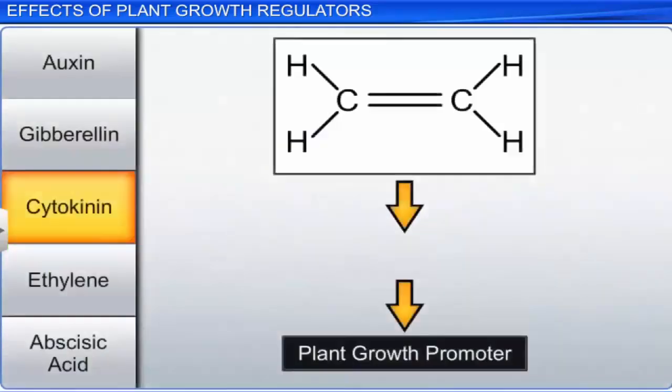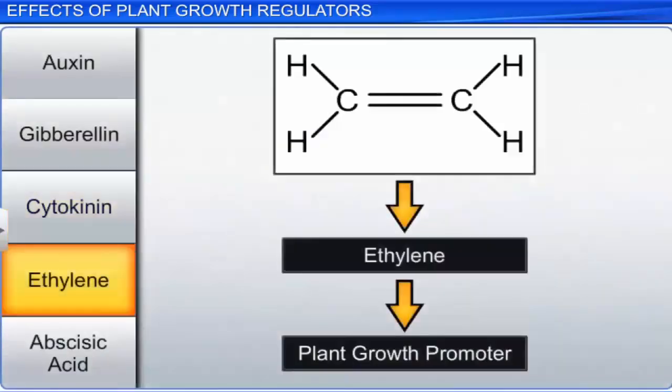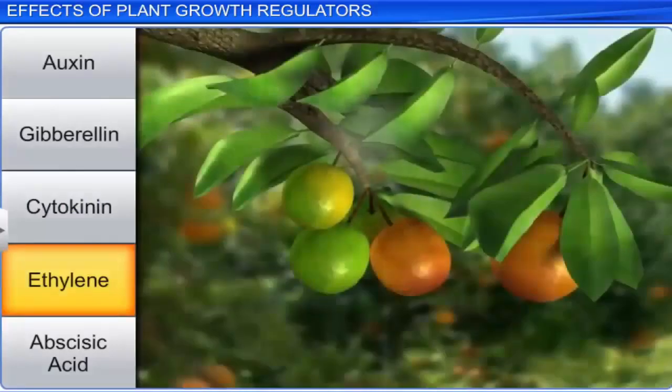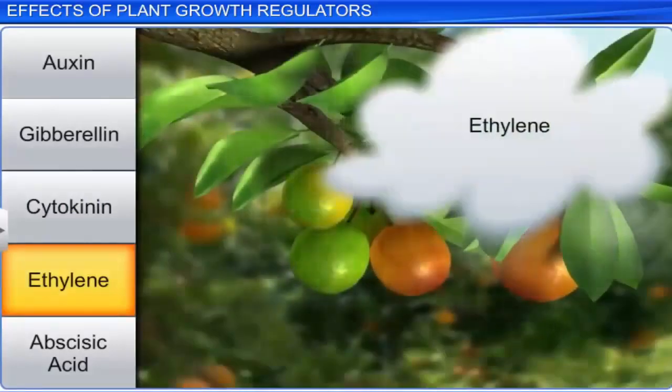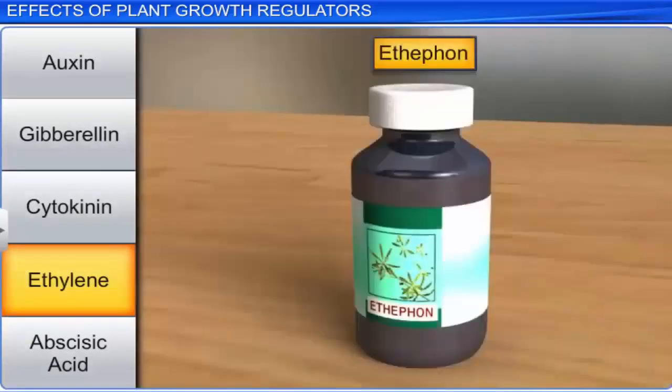Another growth promoter, ethylene, is present in plants in gaseous form. It is synthesized in the organs of plants that undergo senescence, such as ripened fruit. Commercially, it is available in aqueous form, ethaphon, which can be easily absorbed by plants.